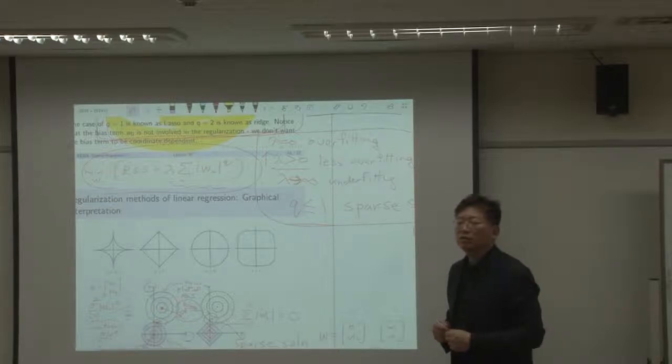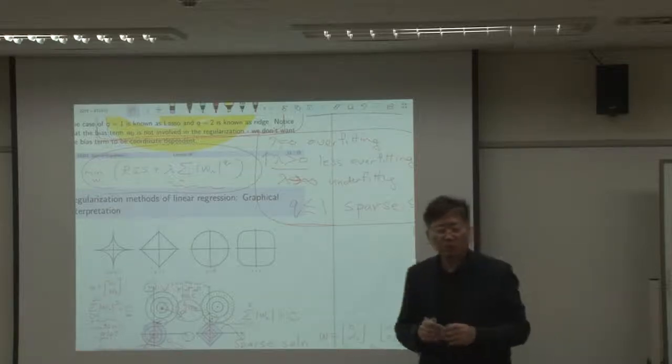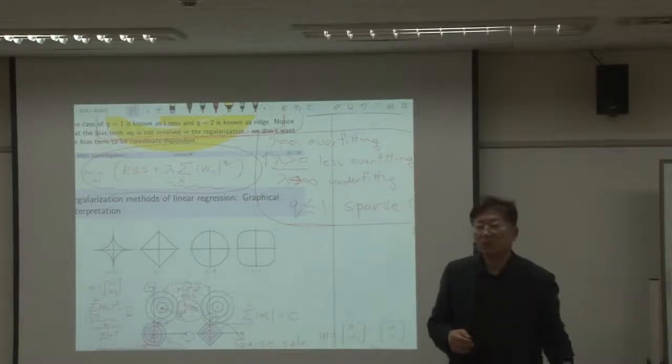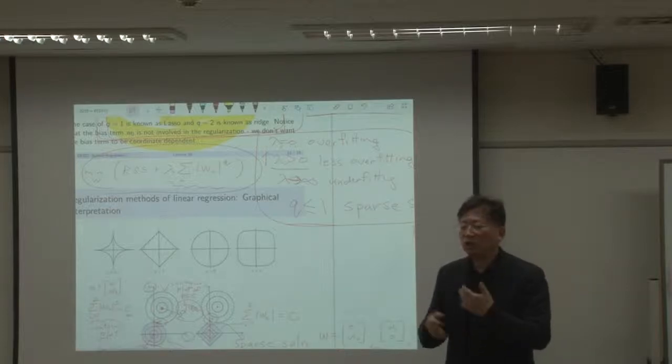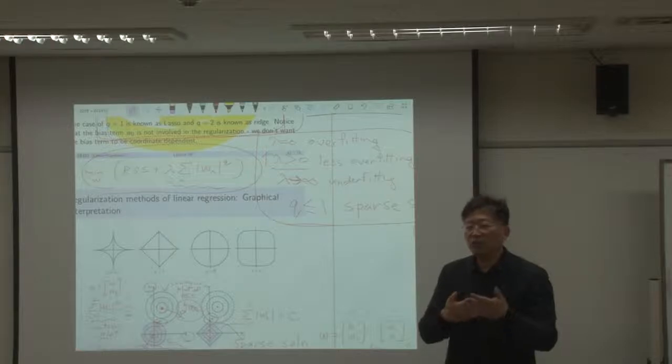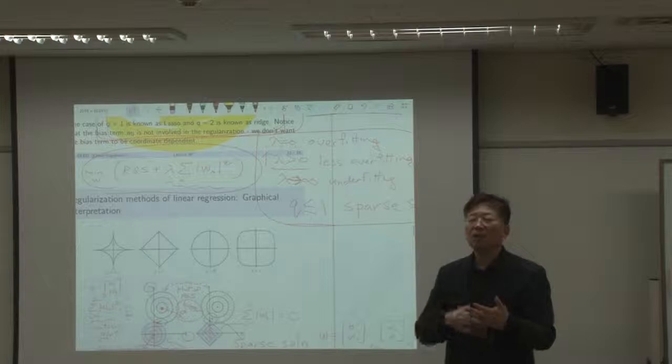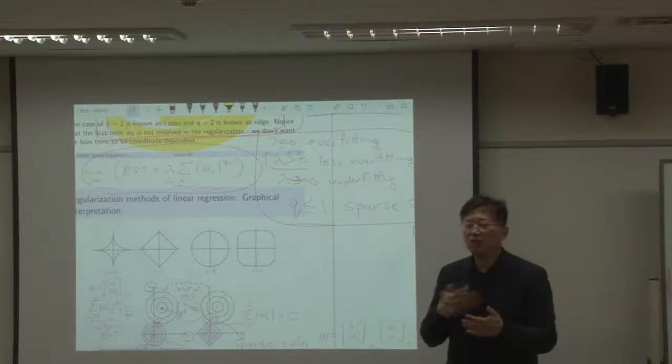We're going to talk about that in more detail, but the way you should think of variance is: if I change the training data, each time you change the training data you get a different W. Is the W going to change very much?